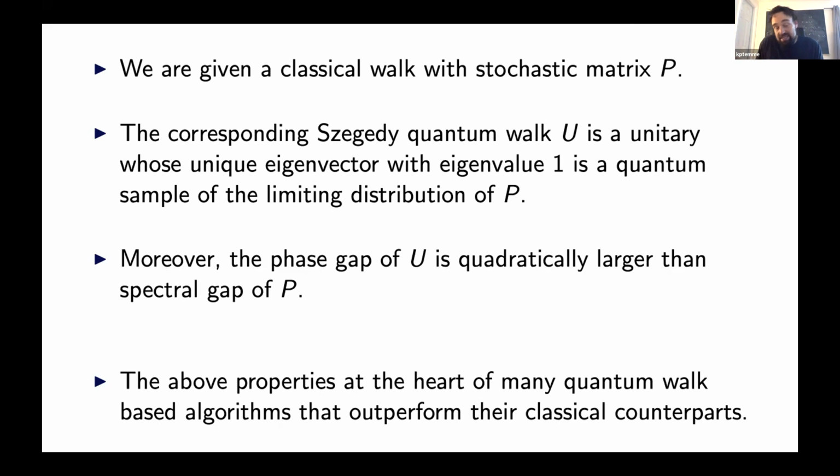And the nice thing is you can massage this unitary and use it to prepare what are called quantum samples, which are purifications of classical distributions. There are various reasons in other quantum algorithms why you would like to have these purifications of classical distributions, and have ways of preparing them, or detecting them or reflecting about them.